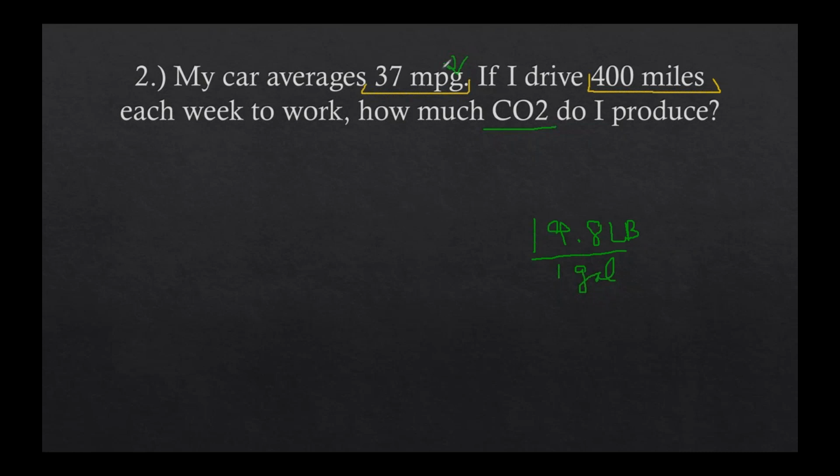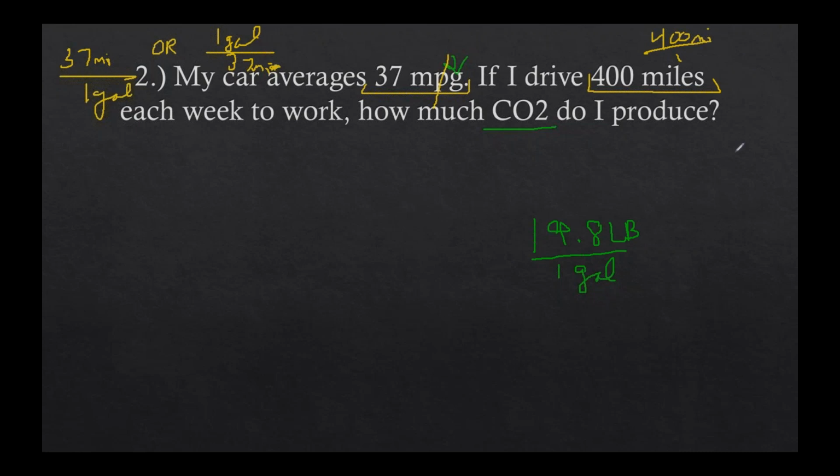So when I'm looking at 37 miles per gallon, the word per is my fraction bar. So that can be written as 37 miles per 1 gallon, or we could write that as 1 gallon over 37 miles, right? Because we can just invert the ratio. And when we have 400 miles, that could be 400 miles over 1, or technically 1 over 400 miles.